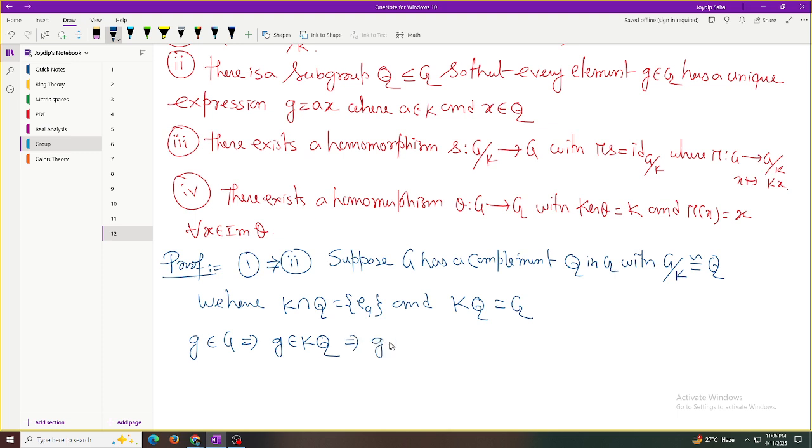This implies g equals AX for some A belonging to K and X belonging to Q. Suppose it has another expression AX equals BY, where B belongs to K and Y belongs to Q. Then what happened?